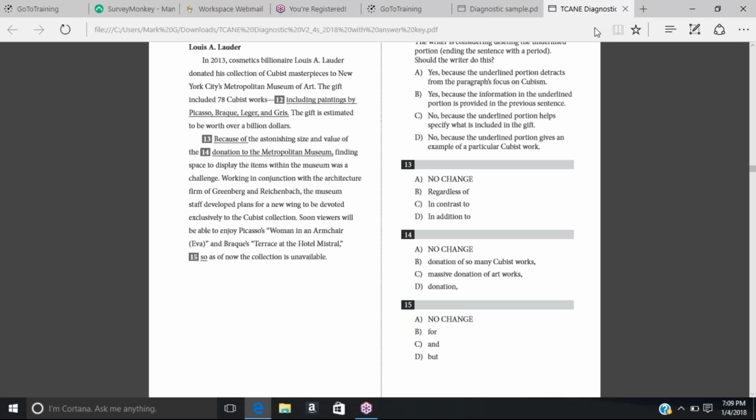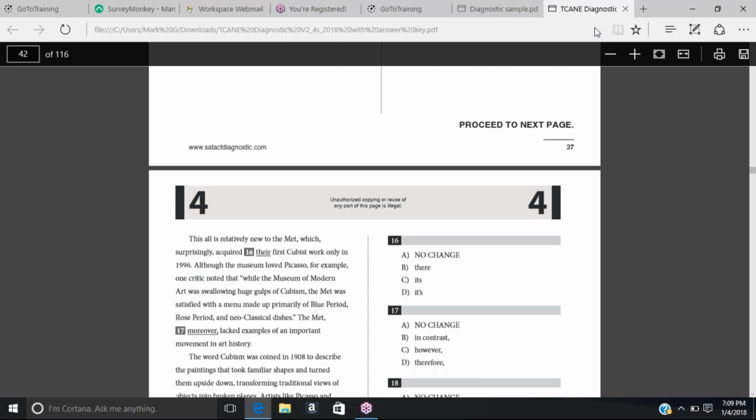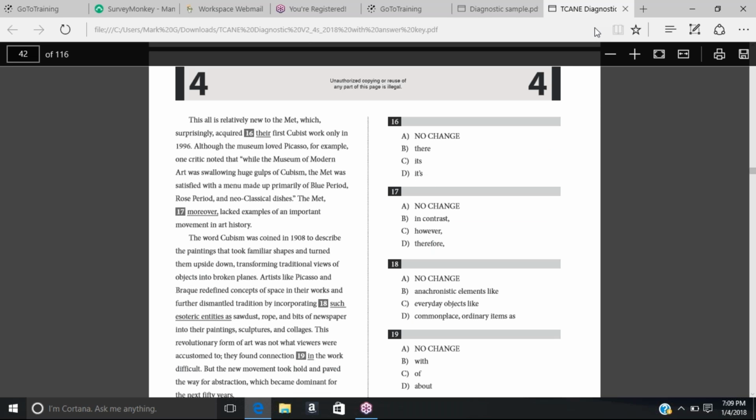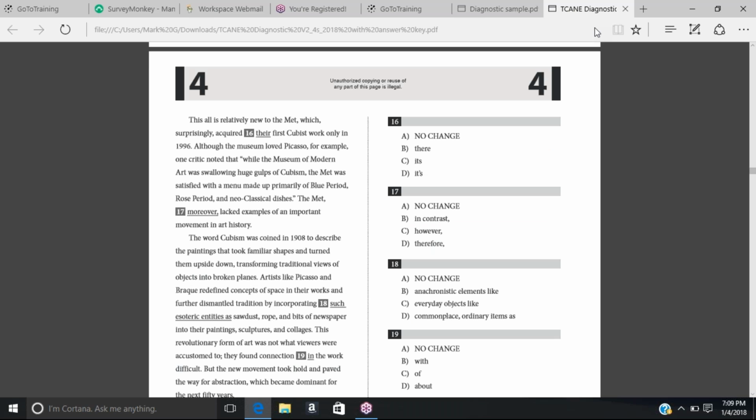All right, let's turn the page, and for me, that'll be a scroll. We will do question 16. I love 16. The word there is a pronoun. Pronouns refer to some antecedent noun, and they need to match.